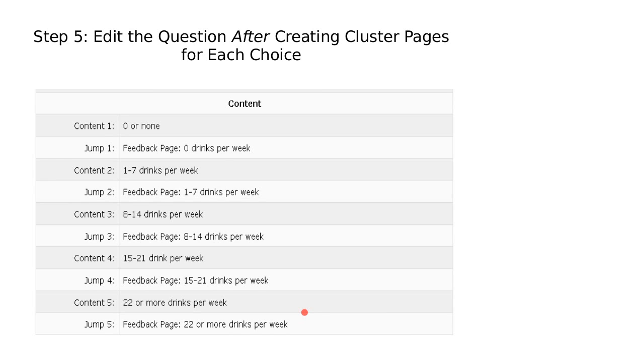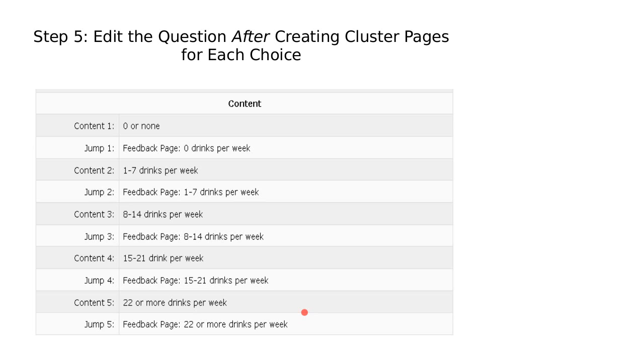All right. So edit the question after creating cluster pages for each choice. So content 1. When we say content 1, that's actually a tab that the person is going to see. That's the words that will be on that tab, and if I chose that, that's going to lead me to the feedback page for 0 drinks per week.